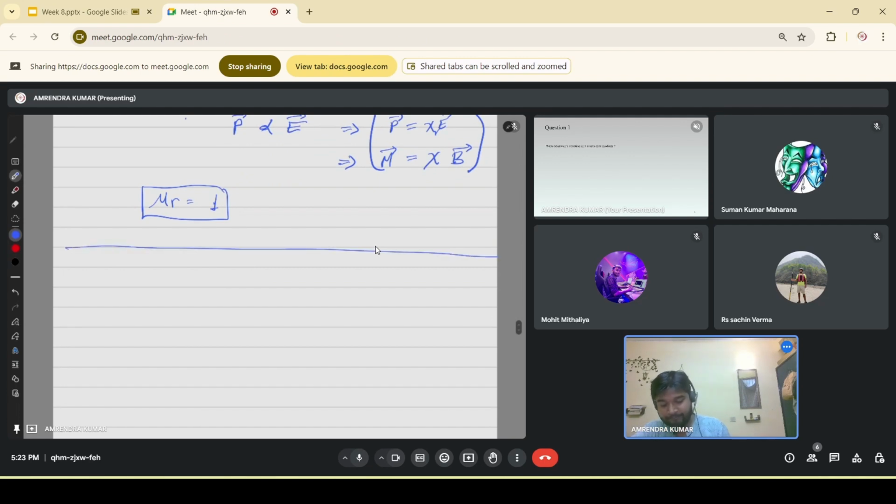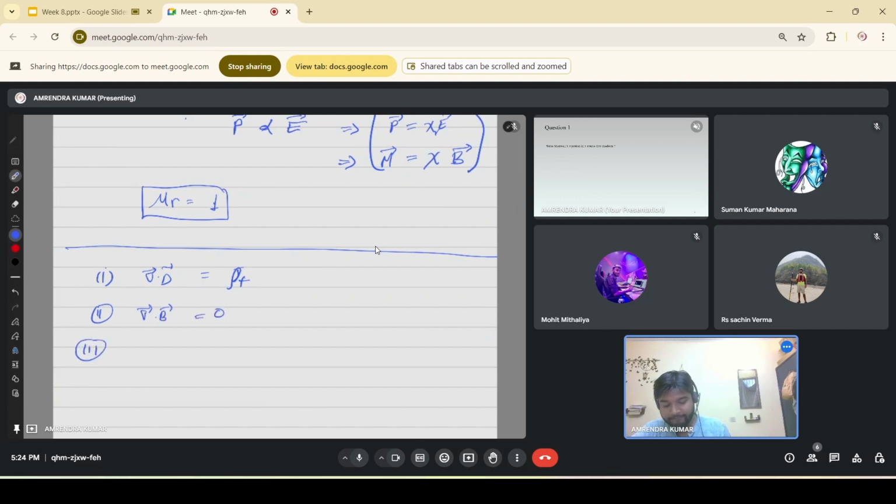So we can write the equations again. Del dot D is equal to rho free. It's a charge density, the free charge, meaning the charge you have put in the media. And then del dot B is 0.